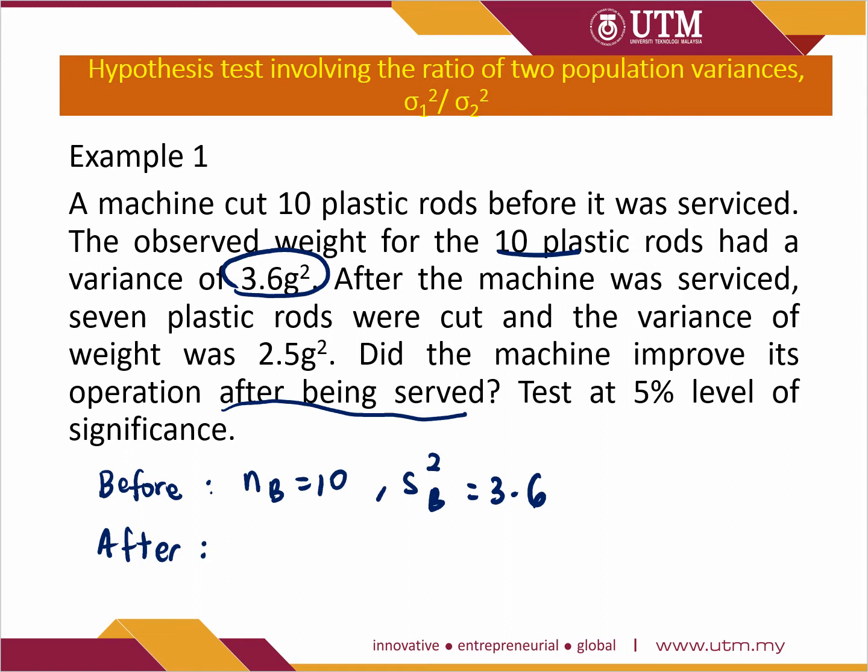After the machine was serviced, 7 rods were cut, so n after is 7, and the variance of weight is 2.5. We want to know whether the machine improved its operation after being serviced, given alpha equals 0.05. The procedure to solve this is the same.